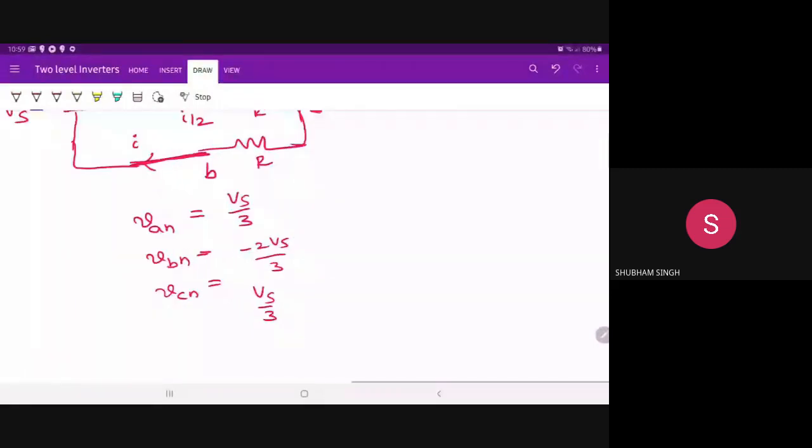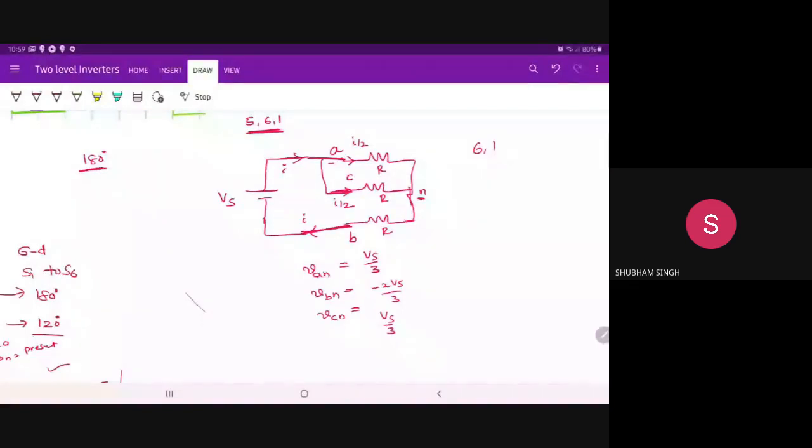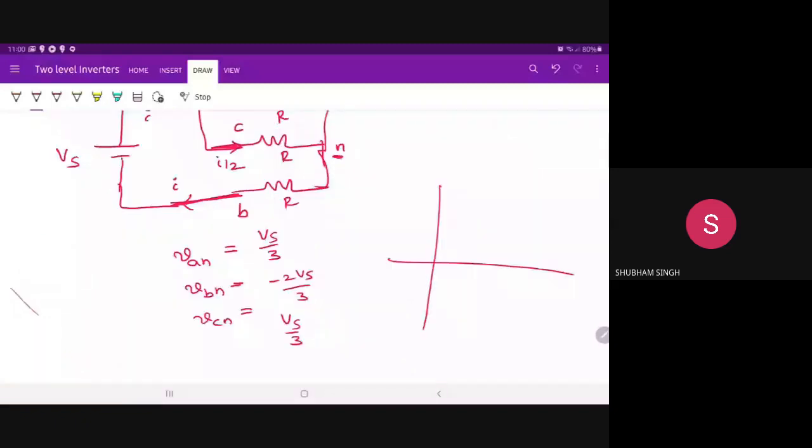Similarly, for 6, 1, 2, you can analyze this, and you have 3 values. If I draw it for A phase, something like this you will get.